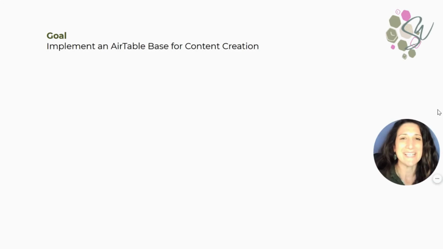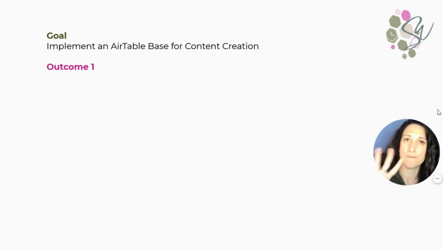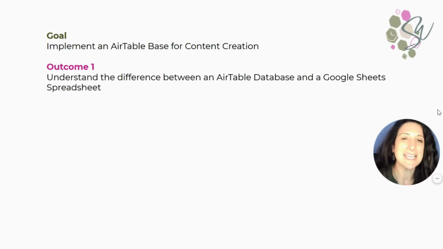So for our example, let's have a look at a course goal that is implement an Airtable base for content creation. And let's look at 4 outcomes of how we break that goal down into 4 steps that help our clients be able to achieve that course goal. Outcome 1, understand the difference between Airtable database and Google Sheets spreadsheets.